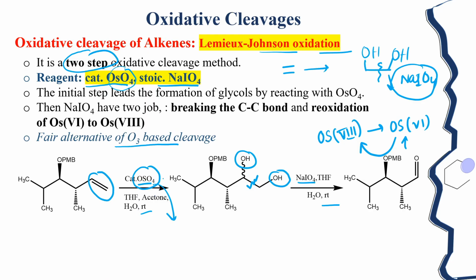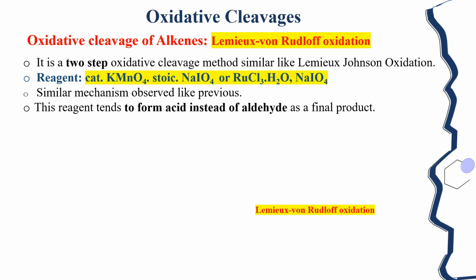That's why, to eliminate the OsO4, an upgrade of this particular reaction has been introduced, that is the Lemieux-von Rudloff oxidation, where they throw out the OsO4 and bring in KMnO4. KMnO4 also acts for the dihydroxylation, the diol formation, and a similar mechanism is observed.